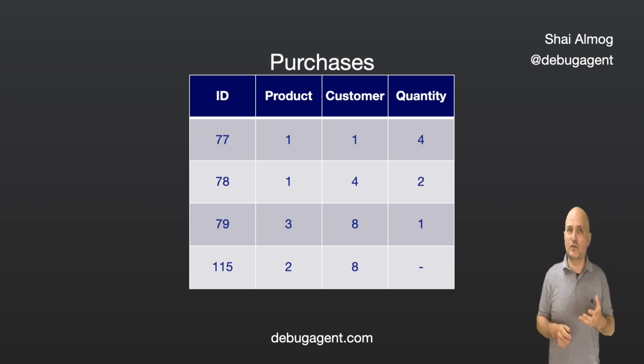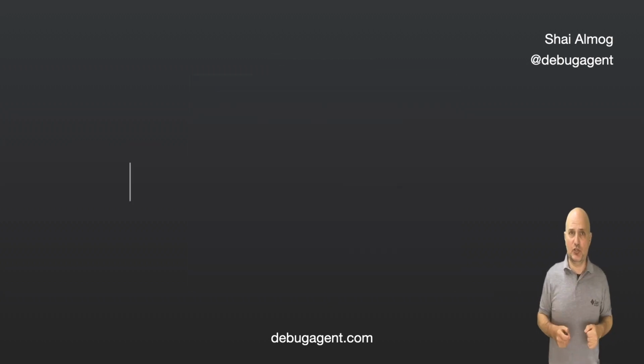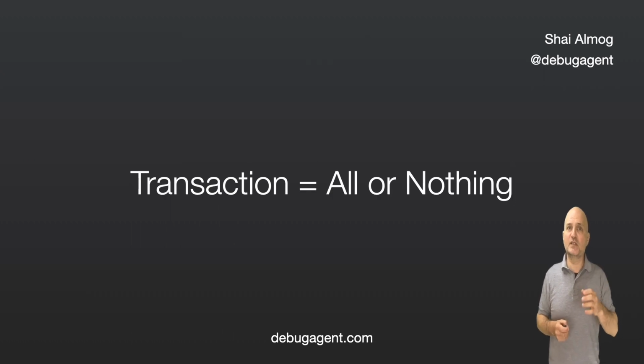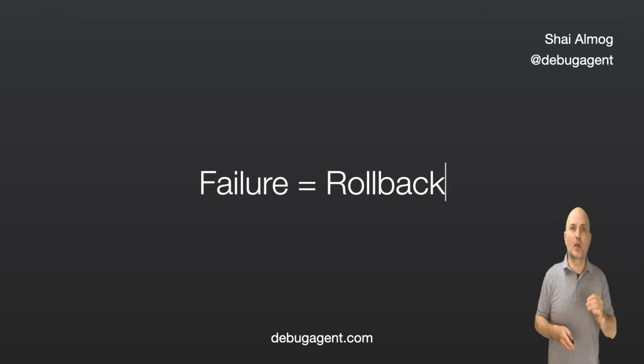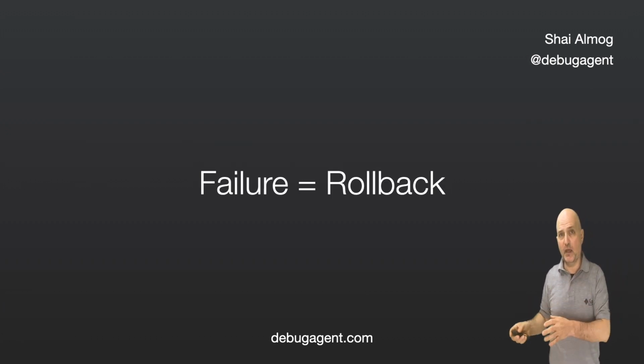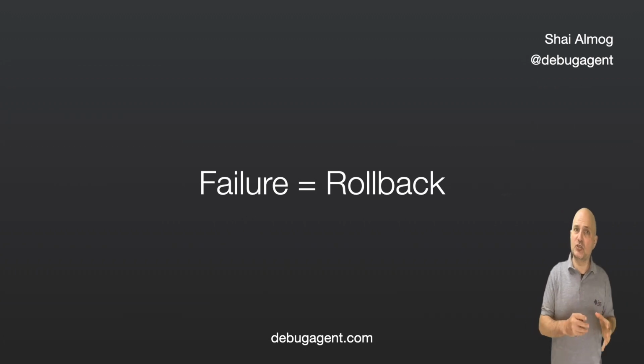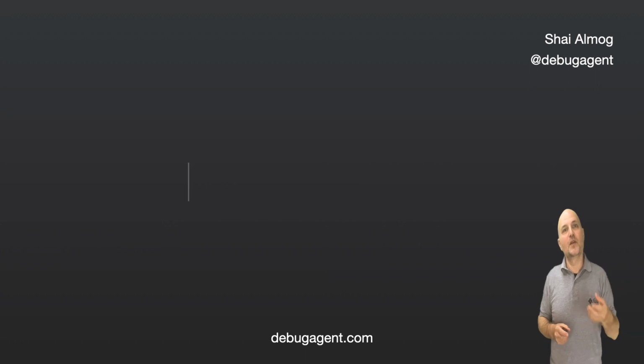Databases protect us from that through transactions. When working with a database, we do it with a transaction. A transaction treats the changes as an all or nothing situation. If there's a failure, the transaction is rolled back and the entire set of changes is gone. It's as if we were never there.